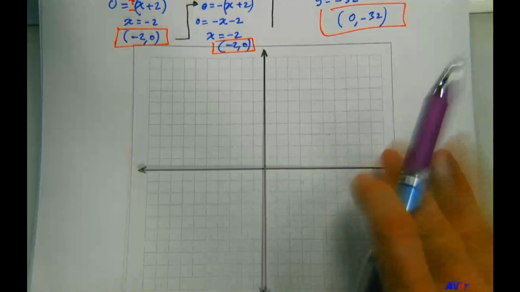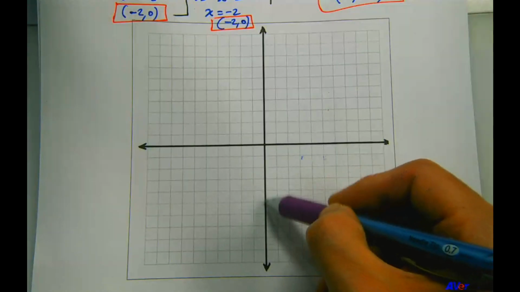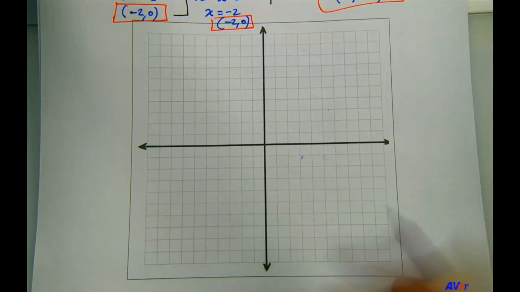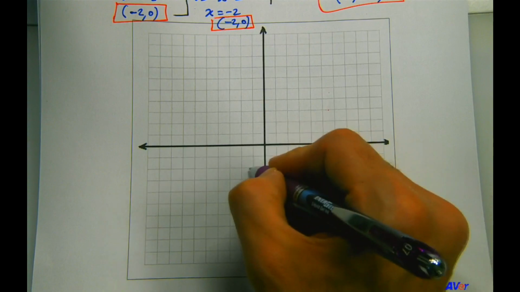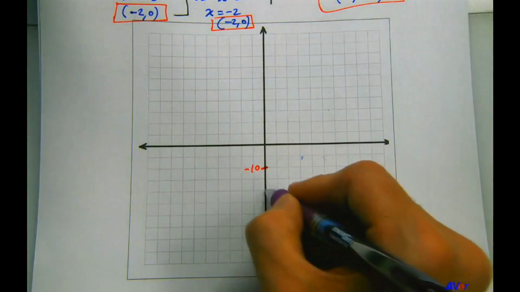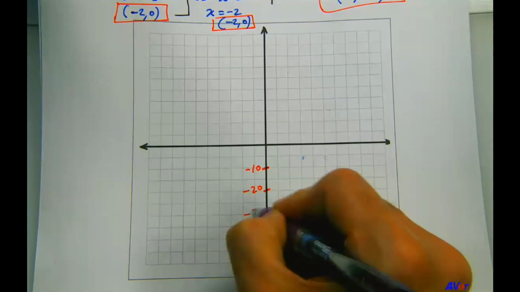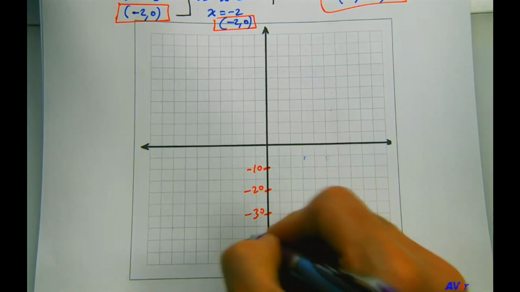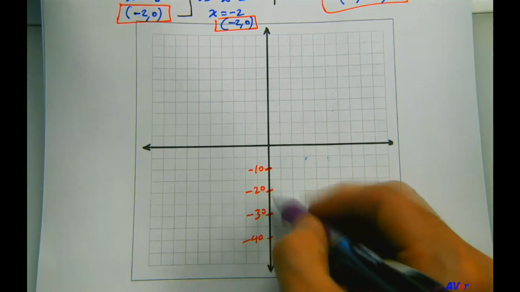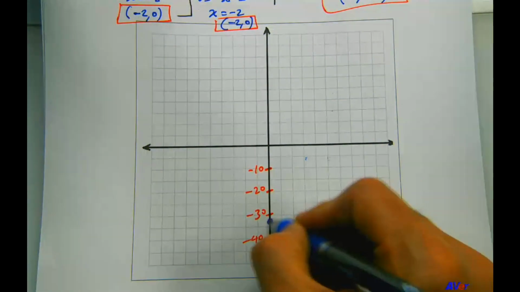Would that fit? Negative 10, negative 20, negative 30? Yes, it would. So that's negative 10, negative 20, negative 30, and this is negative 40. Negative 32 would be somewhere right here.